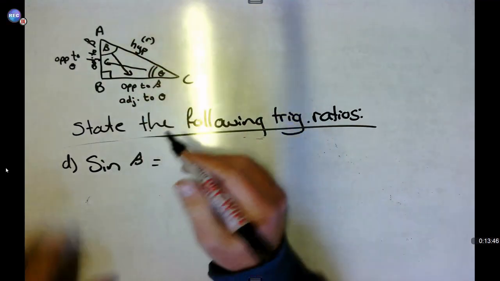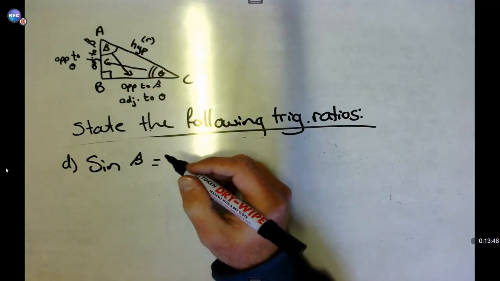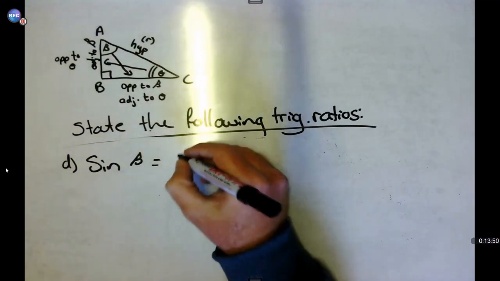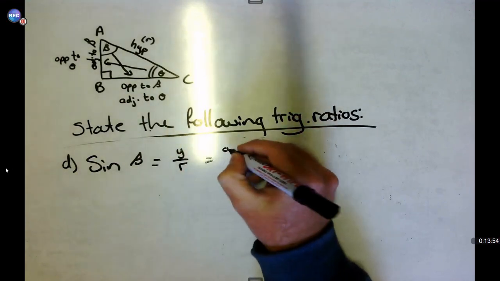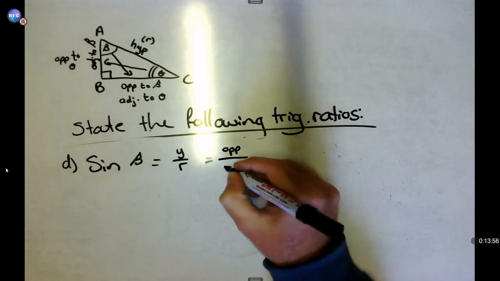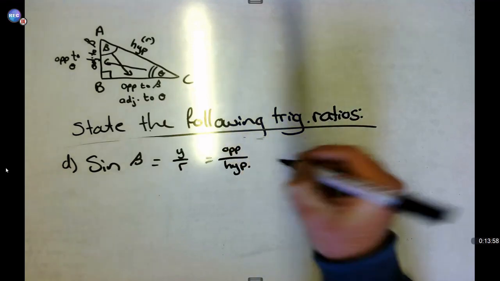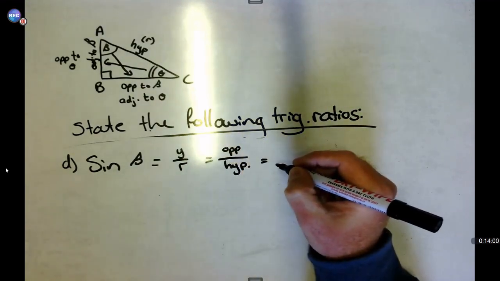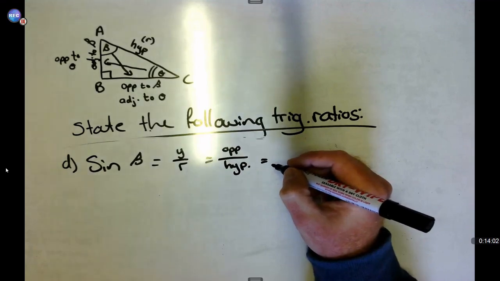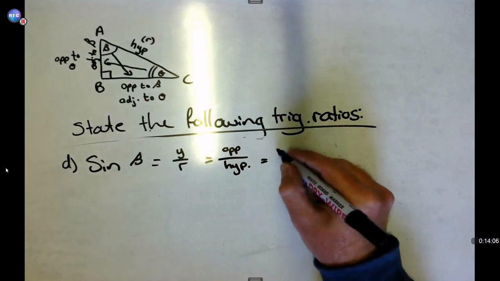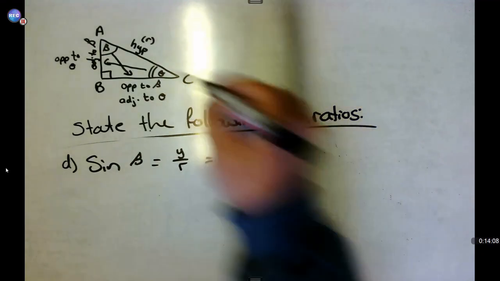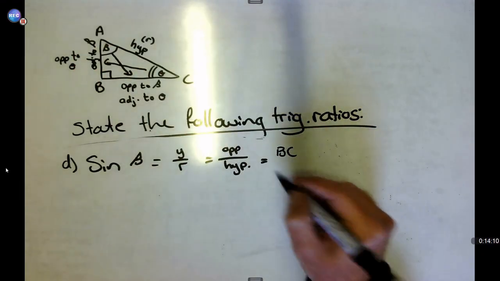For sine, you need to know that the ratio is y over r, which gives opposite over hypotenuse. So opposite, which is BC, over the hypotenuse, which is AC.